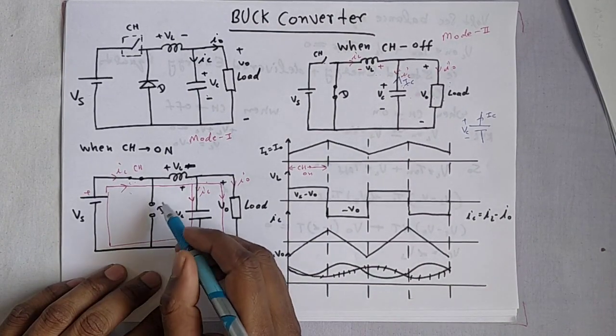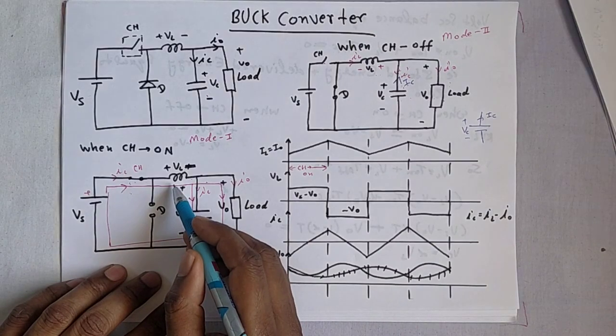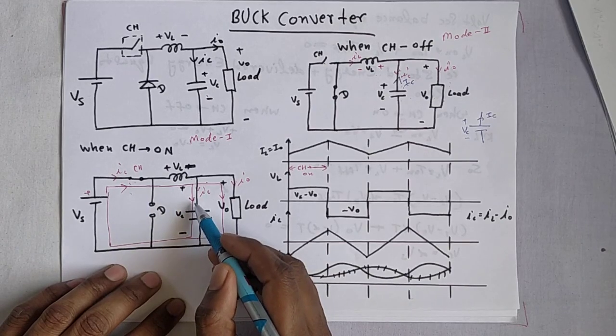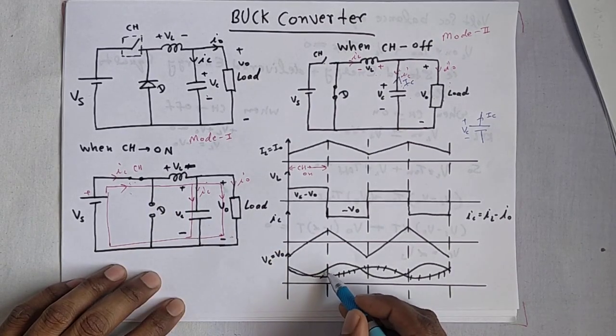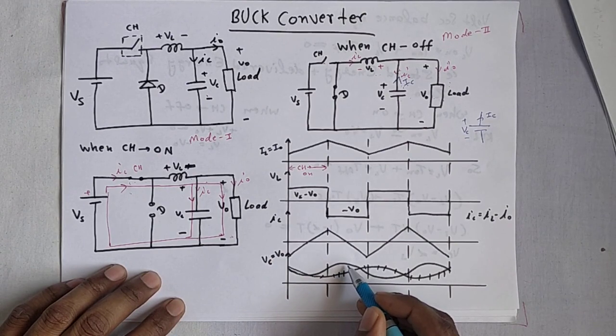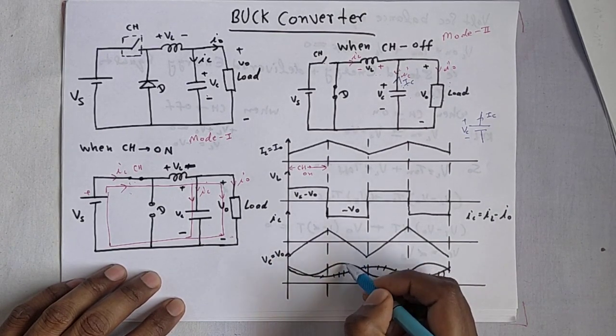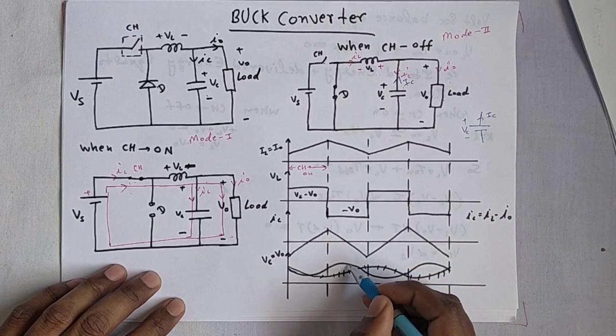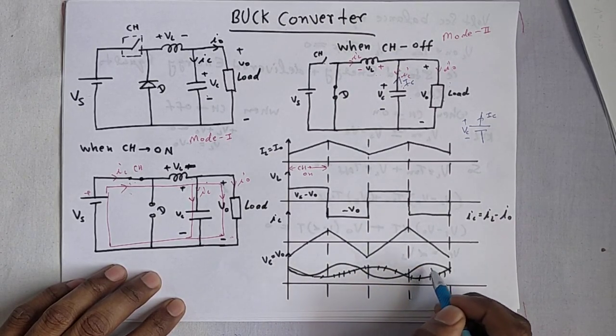Okay, when the inductor is charged, the impedance across the inductor is reduced. So the voltage drop across the capacitor increases like this. Okay, when it is fully charged in this condition, after that it discharges, and again charges and discharges.